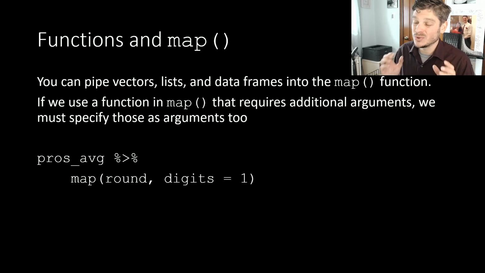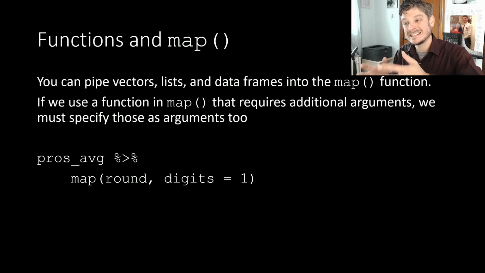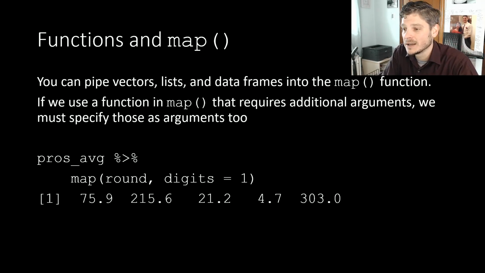To specify that, it goes inside my map function as its own argument, because those arguments are going to get passed into the round function as well. So if I run it like this, boom, we get our vector, and everything is rounded to 1 decimal place, which is what we desired. We define our arguments inside the map function.